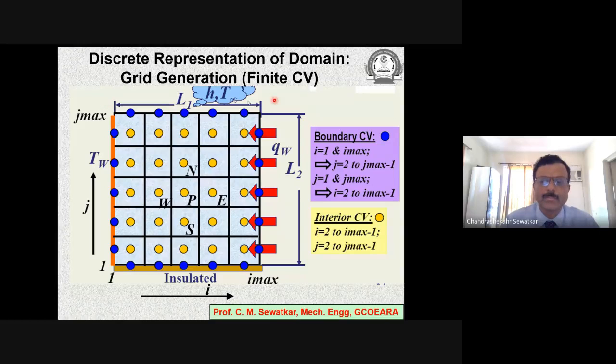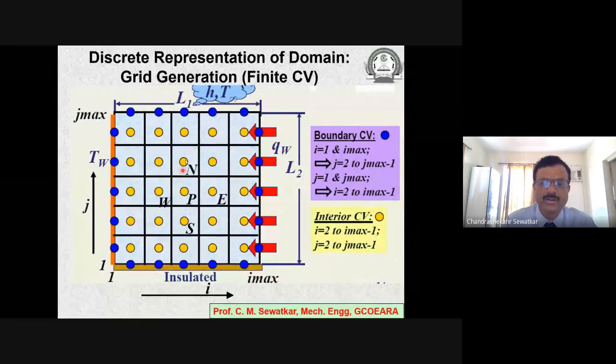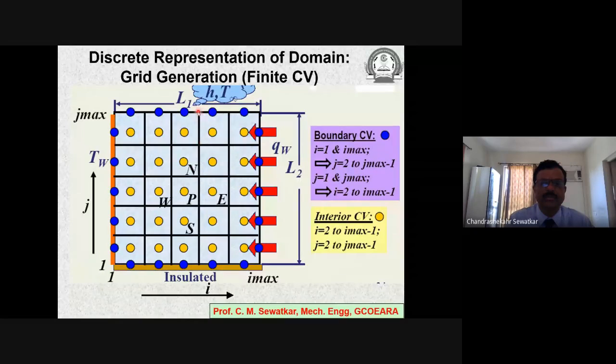So this is my domain in which I have drawn some vertical lines and some horizontal lines. The moment I draw them, my domain is divided into small control volumes. These small control volumes are called cells. Now these cells are represented in terms of their cell centers.